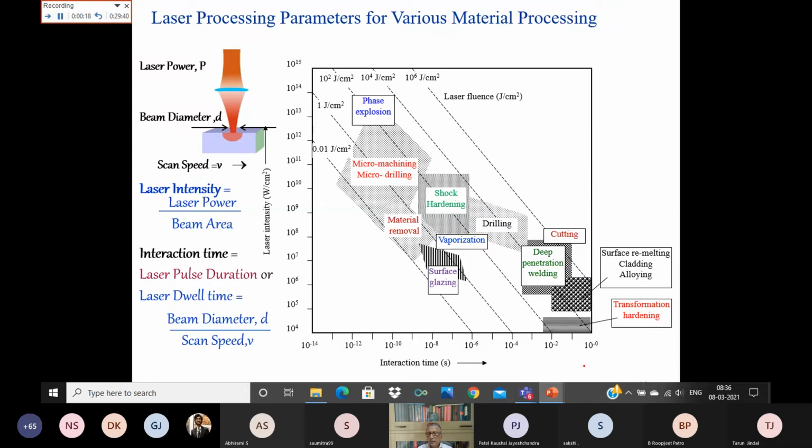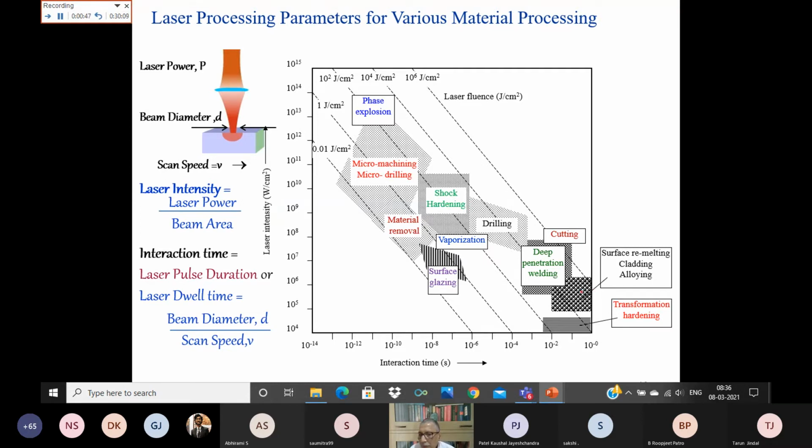So depending upon what is the interaction time and laser power density or laser intensity, you can realize all these manufacturing material processing modalities. So when you are having low laser power density and longer interaction time, you can get the surface hardening through transformation hardening.